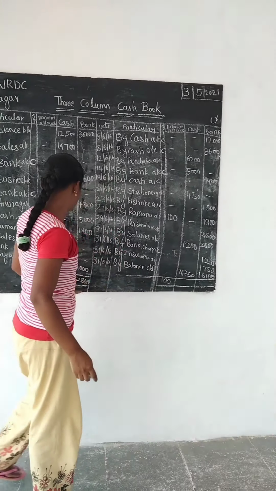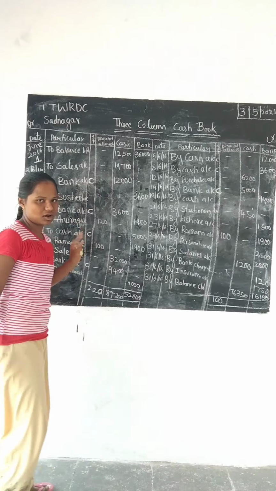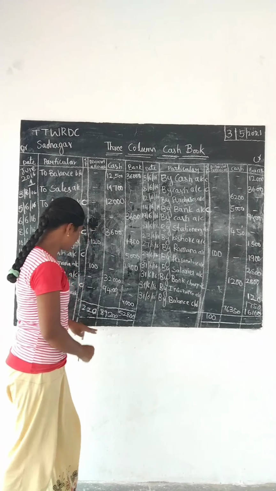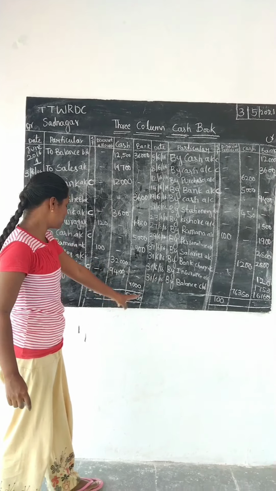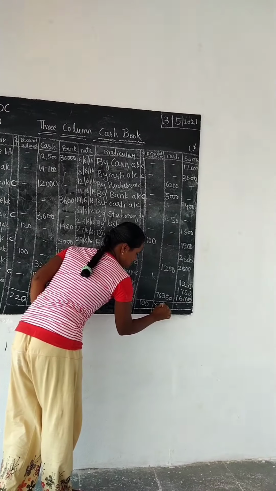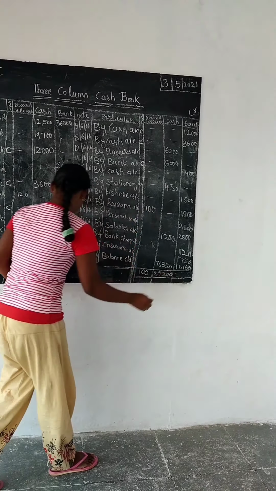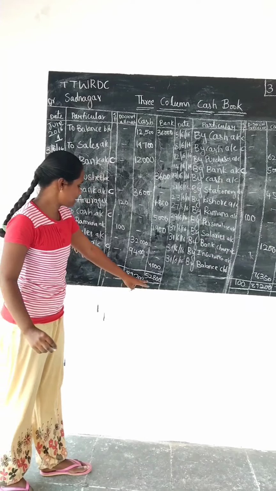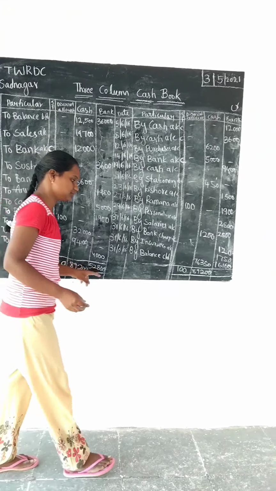Now we make equal balance for the year. So we should write the same amount here also, and then credit bank balance also.